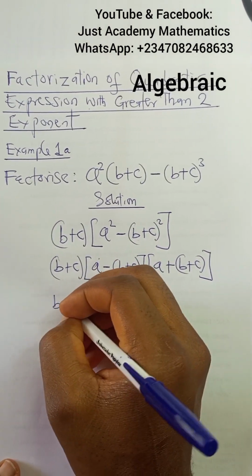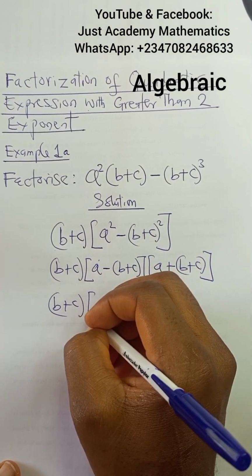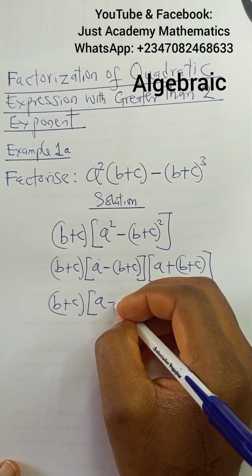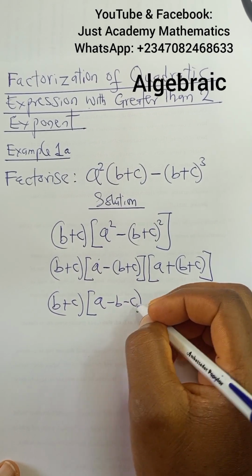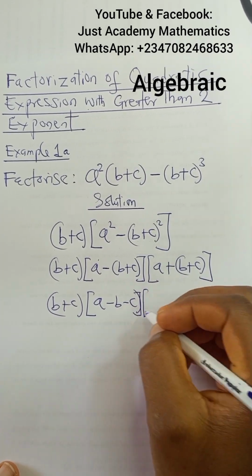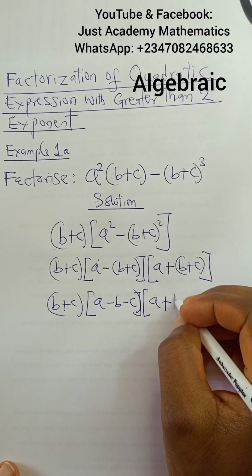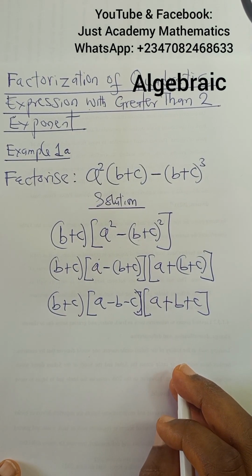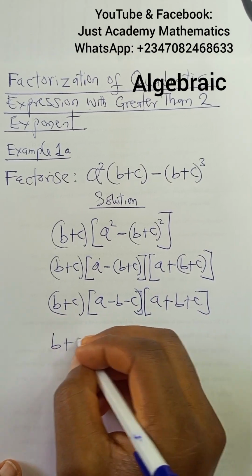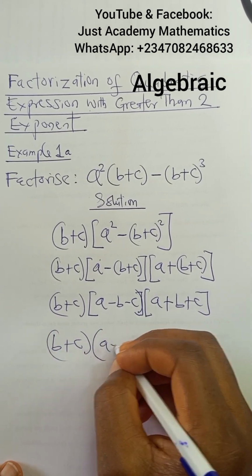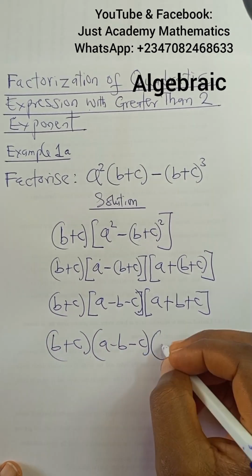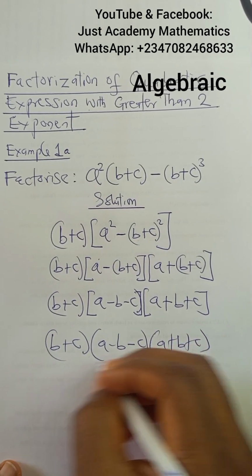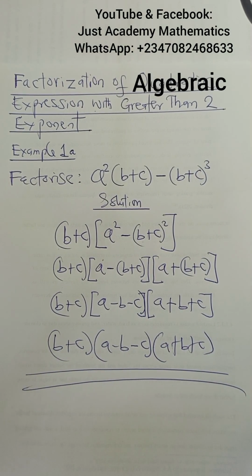So we have B plus C. If you open the bracket, you have A minus B minus C bracket A plus B plus C. This is the factorization of this. This is the answer. It's the same thing I want to write anyway. A minus B minus C, A plus B plus C. That is it.